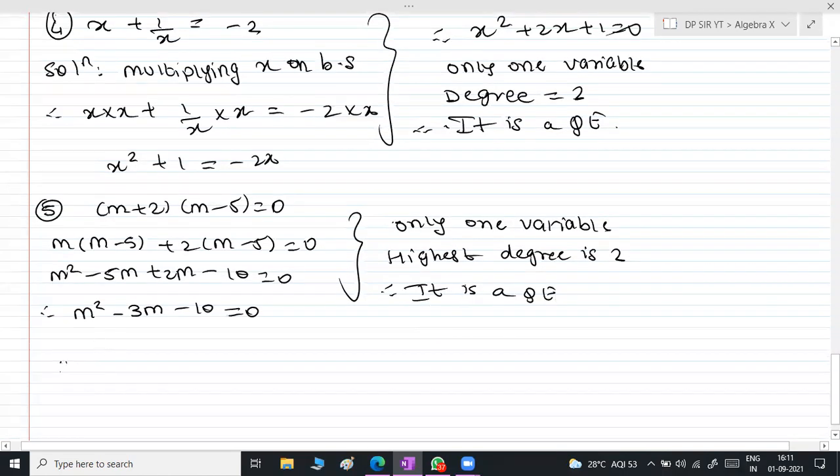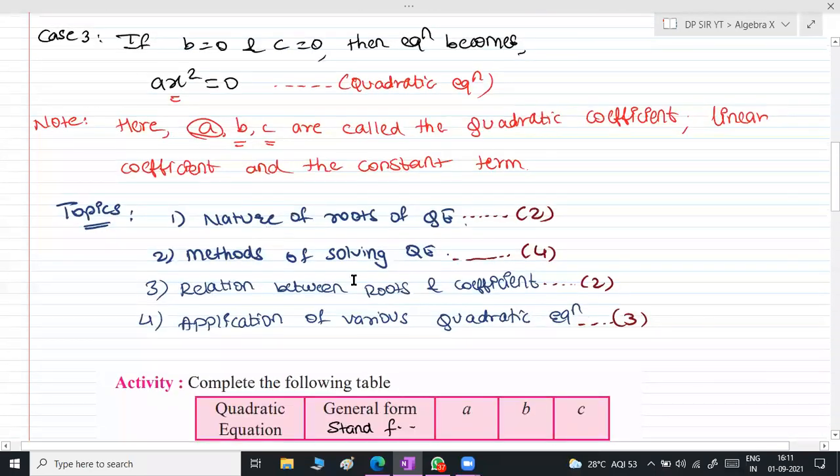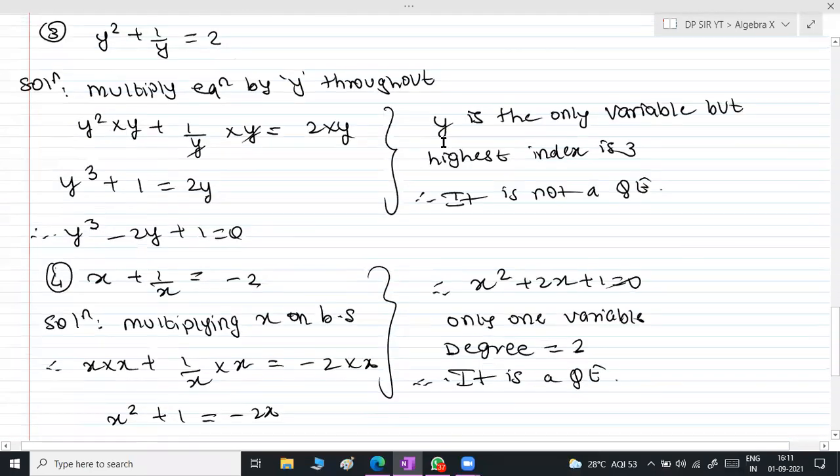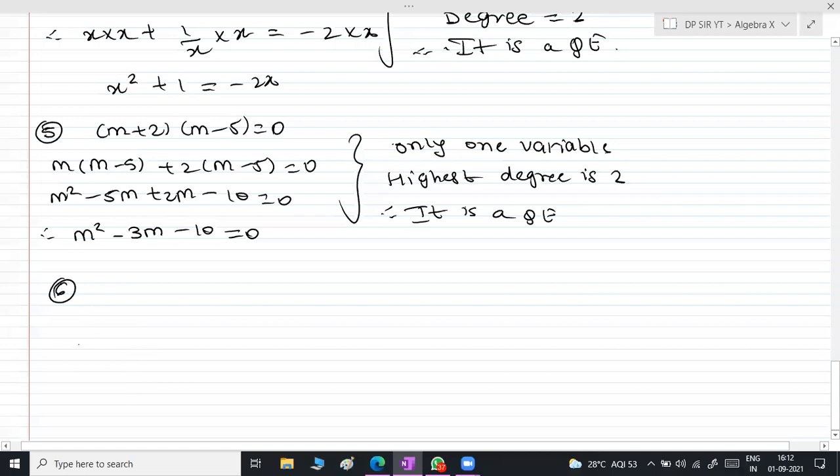Quickly, I'll jump to the last question for today. That is question number 6. That is m cube minus... see, majority of the times you can just look and identify, but you should have practice. At present it's the very first lecture, so let's not be risk-takers and we will solve honestly. So m cube plus 3m square minus 2 is equal to 3m cube.